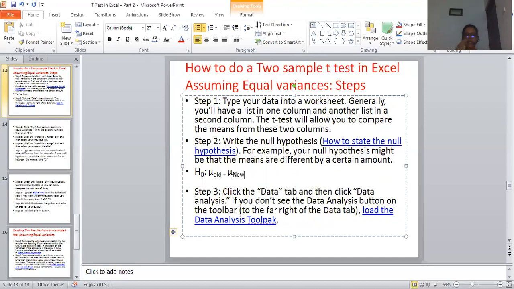This would be the null hypothesis. So that means we are assuming that there is no significant difference in the lifetime of the two batteries.